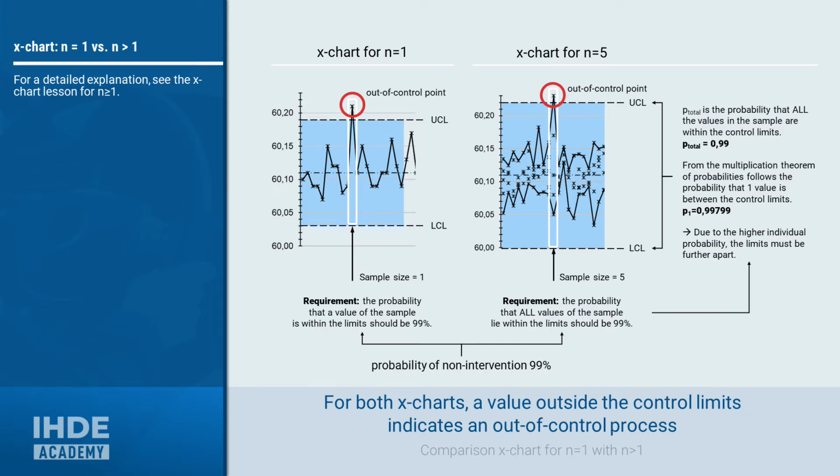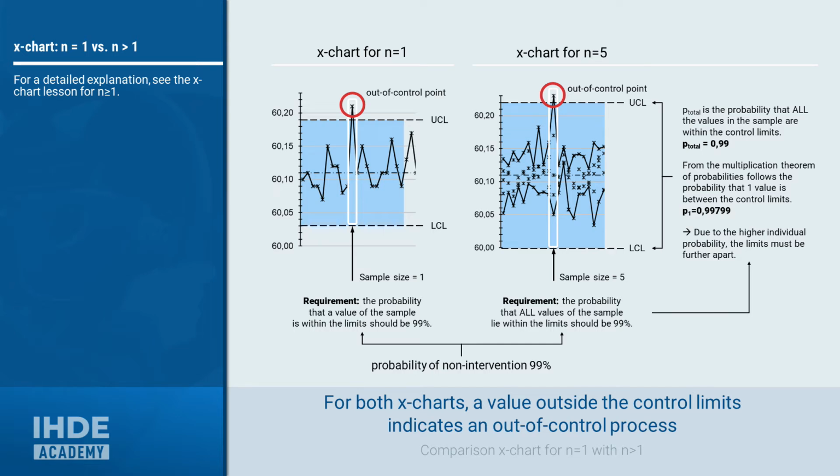The following can be derived from the multiplication theorem of probabilities. The larger the sample size, the greater the individual probability must be that an individual value is within the limits. Because the overall non-interference probability, 99%, is calculated from the product of the individual probabilities.